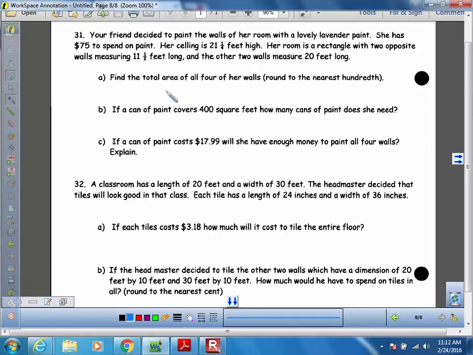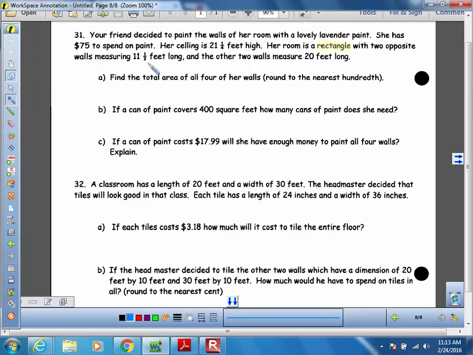So it said that her room is a rectangle. And they want us to find the total area of all 4 of her walls. So we're not just finding the area of her room, but of the walls.